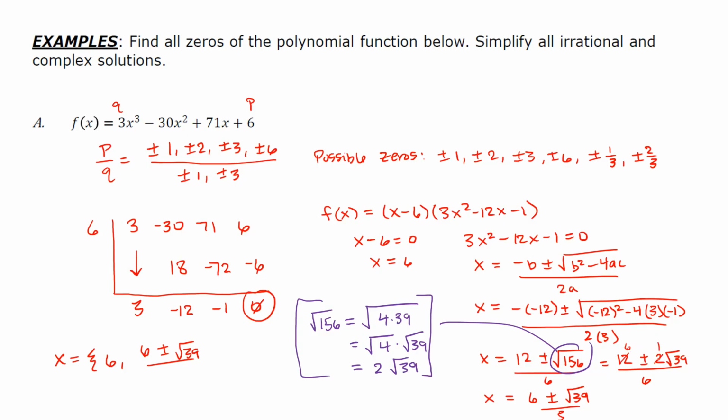Divide this by 2, I get 1. Divide this by 2, I get 3. Okay. So we have 6, which is a rational zero, and then we have 6 plus or minus square root 39 over 3, which is a complex zero. It's not imaginary because there are no imaginary numbers. It's just complex because we have a square root 39, which is not simplifiable.